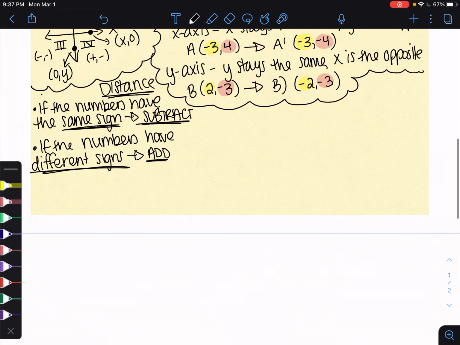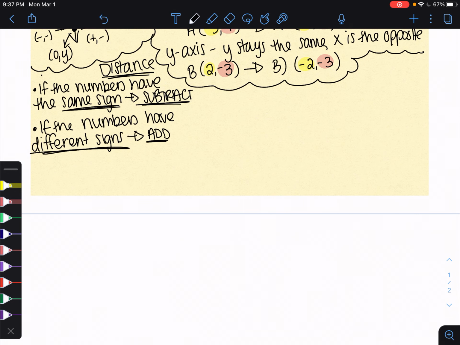So if I have A is 3 comma negative 4 and B is 3 comma negative 8, I'm going to look at these two and say, okay, these are the same. These are the ones that are different. Same sign means subtract. So I'm going to take the positives, 8 minus 4, and the distance is 4.